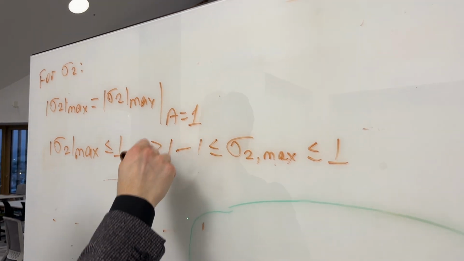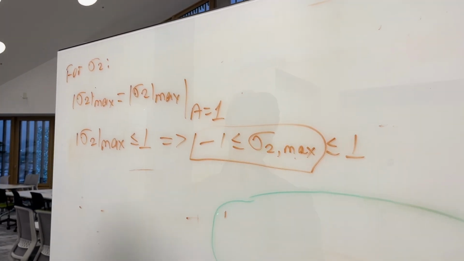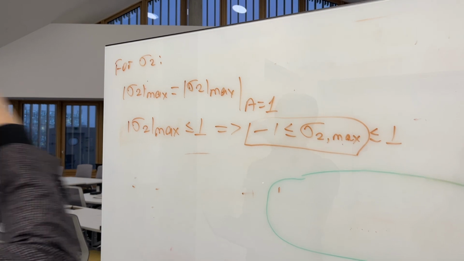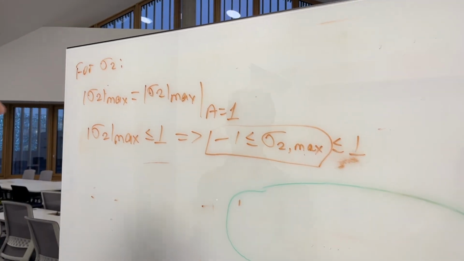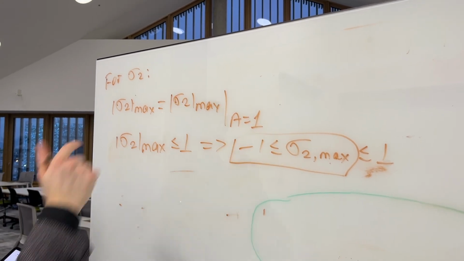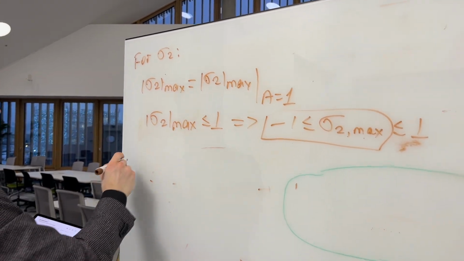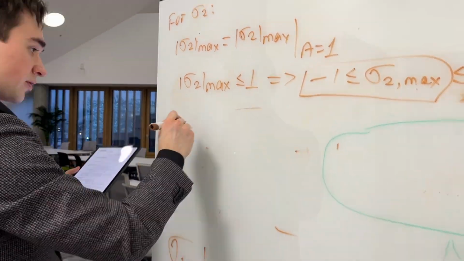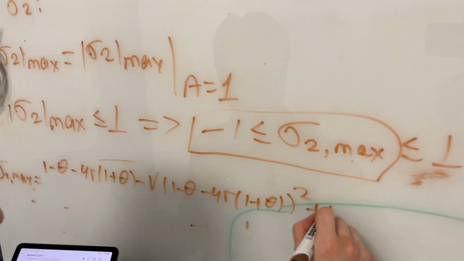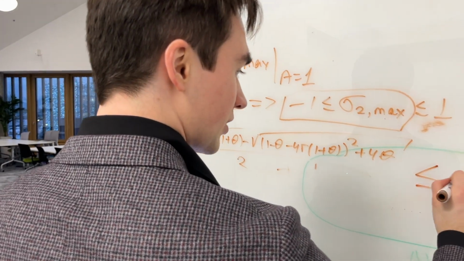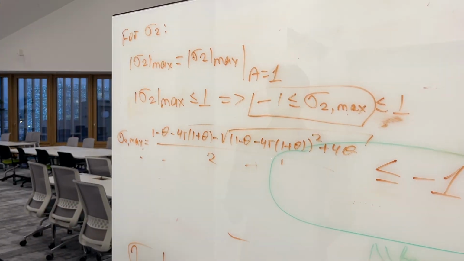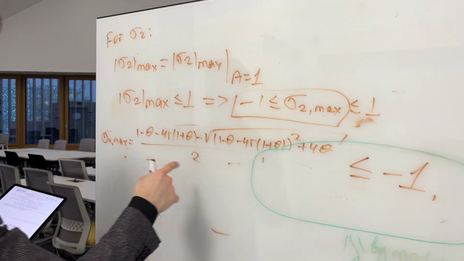So I need to consider only this case because I know that my sigma 2 is negative. This one is always satisfied. So that's why I will drop the absolute value and write it, and we need to check when it's less than or equal to 1. And here you can do the following.